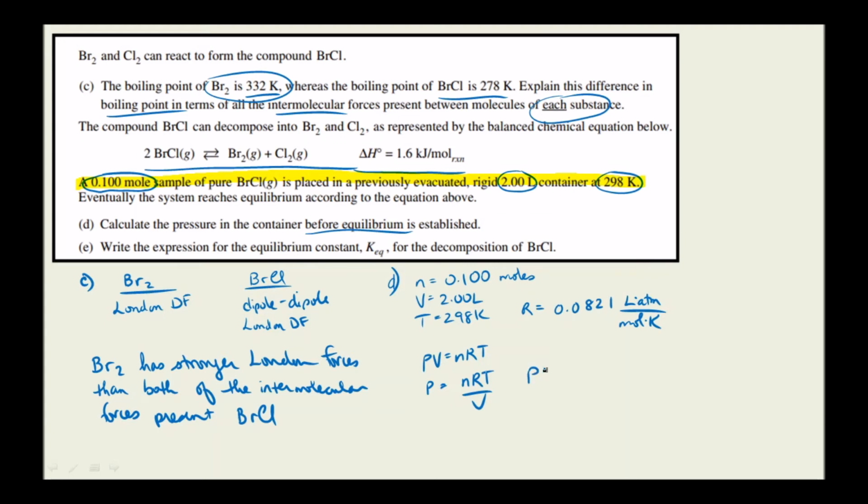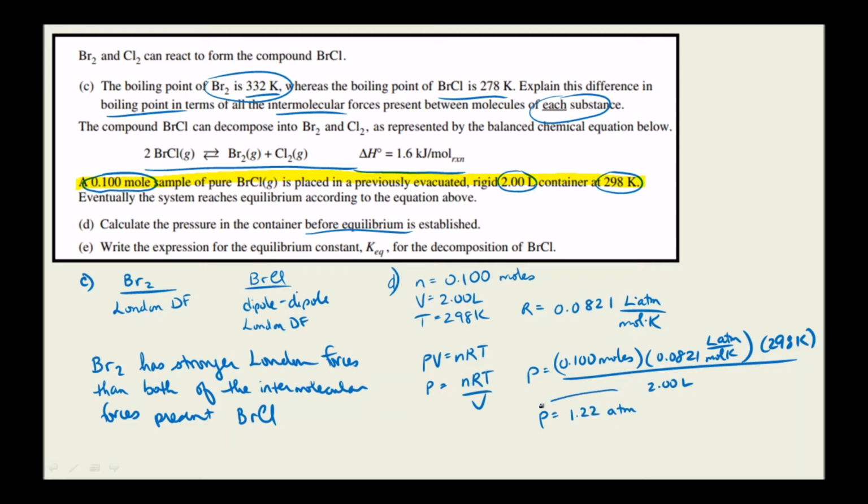Okay, so let's plug everything in. Pressure is equal to 0.100 moles times 0.0821 liter atmosphere per mole Kelvin times 298 K, all divided by the volume, which is 2.00 liters. Put that in our calculator and we get a pressure of 1.22 atmospheres.